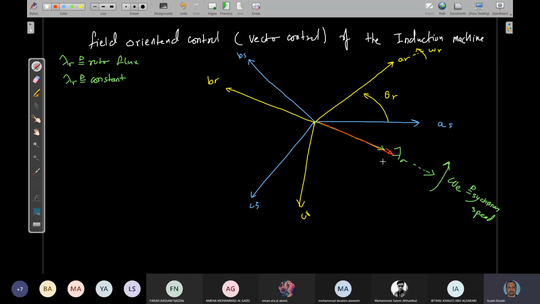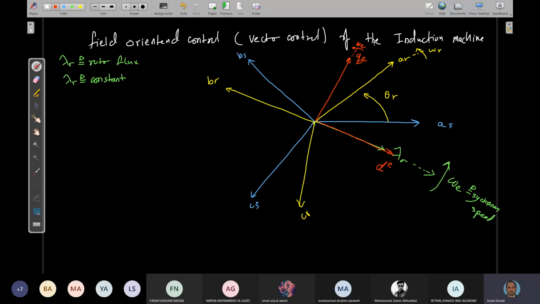So let's assume that this is my DE, and 90 degree ahead of that, I'm having the QE, and now this reference frame is rotating by omega e. Until here, understood my assumption?